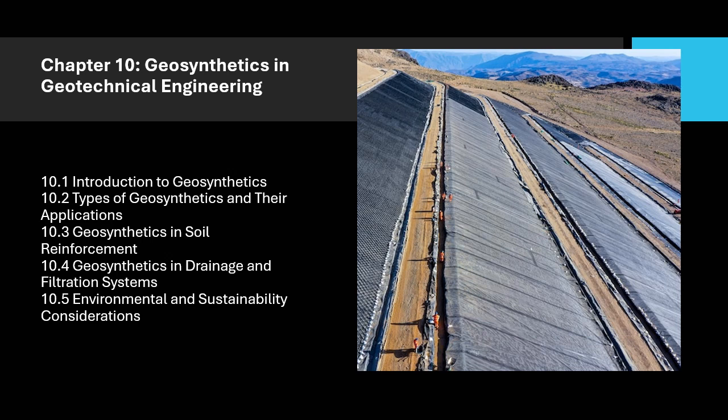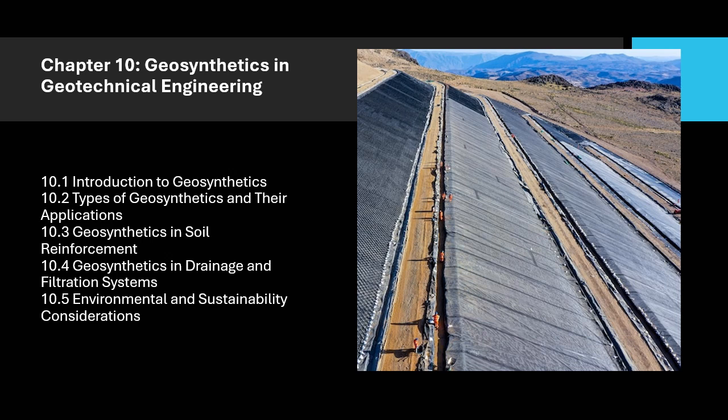10.1.2 Properties of geosynthetics. The properties of geosynthetics depend on the type of material and the intended application. The following are key properties of geosynthetics that influence their performance in geotechnical engineering. 1.